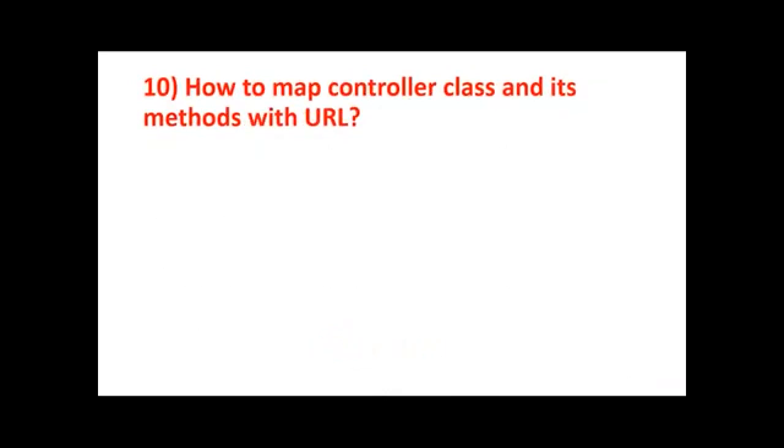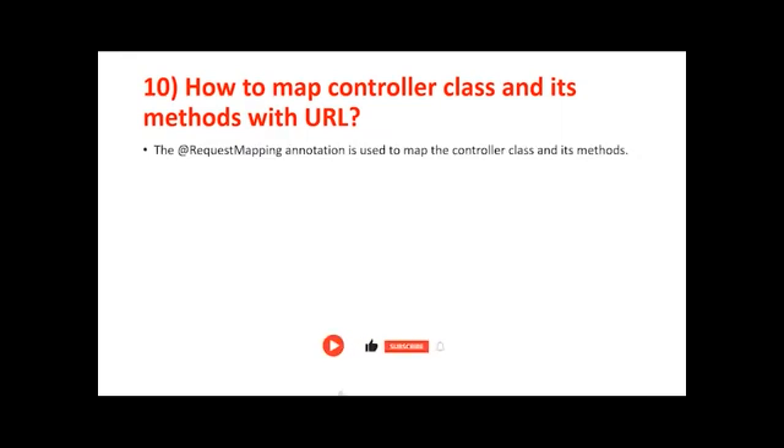How to map controller class and its methods with a URL? Okay, I just want to connect a URL and HTTP method to controller code. How can it be done? We can use the @RequestMapping annotation as a base annotation at class level and method level. Remember, other HTTP method annotations are there: get, post, put, delete. Those you can apply only at method level. But here, I want to map the URL at controller and method level.